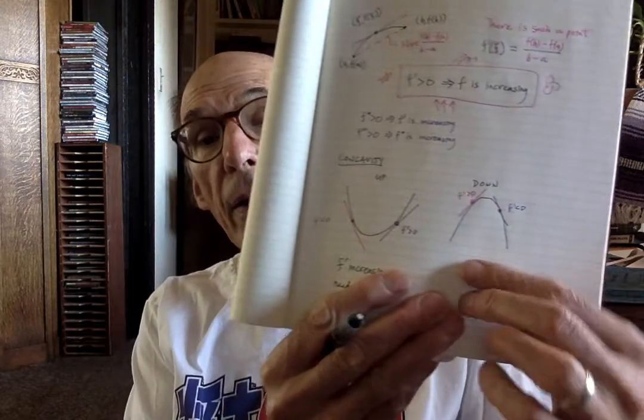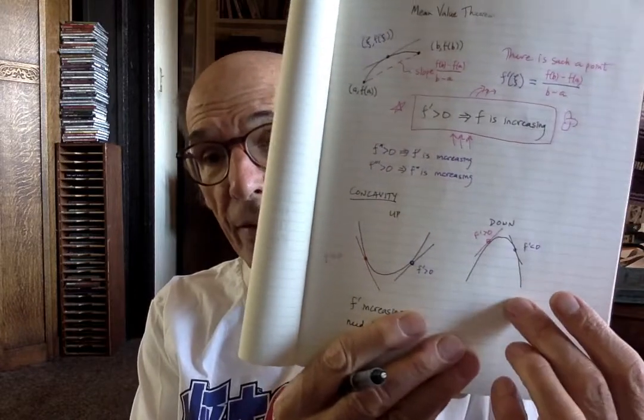In the opposite situation, we have that f prime goes from being positive to f prime being negative. This is so simple. If you go from being positive to negative, that's a decrease.